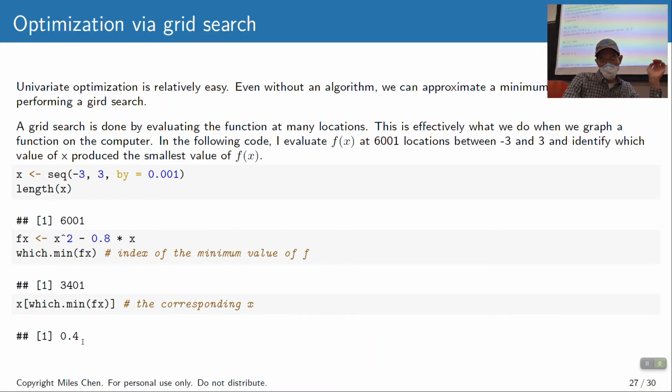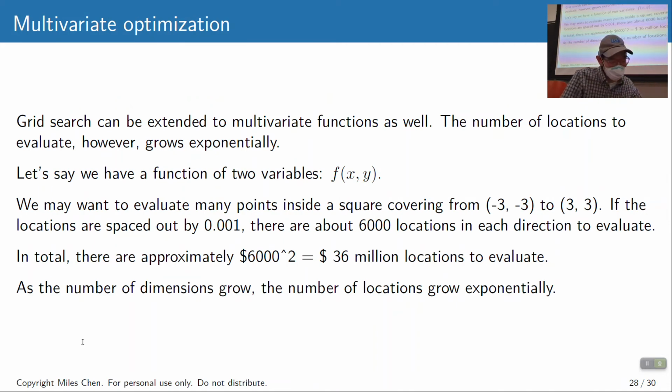Grid search is this brute force method, and it works, but when you have a multivariate function, it's going to take a long time to complete. So what if you have a function of two variables, x and y?